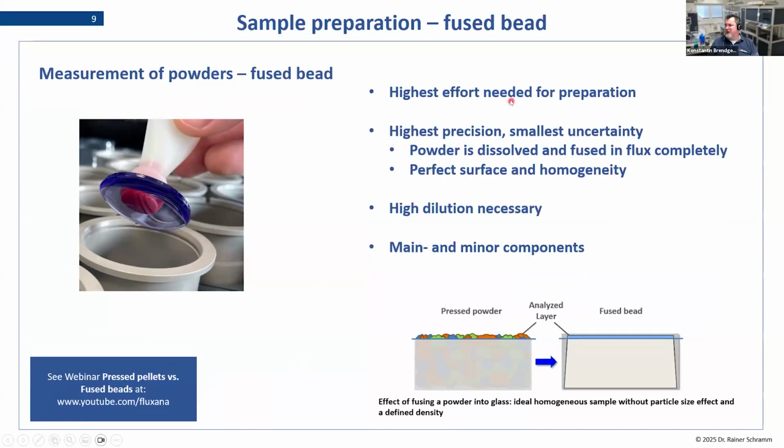A fusion usually takes, let's say, 25 minutes just for the fusion, and most of the time there is a balancing step before and even a pre-treatment of the powder. So the whole process maybe takes an hour compared to our 5 minutes for the pressed pellet. But we trade that for a higher reproducibility because we get rid of these particle effects. So it's always a kind of trade-off. But if you're interested in more details, check out our website.